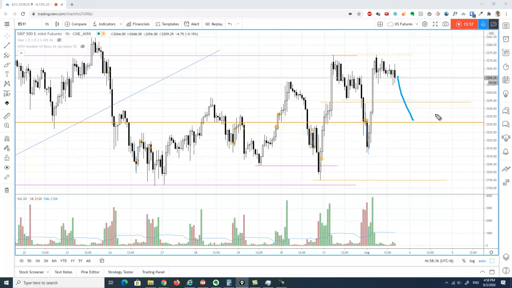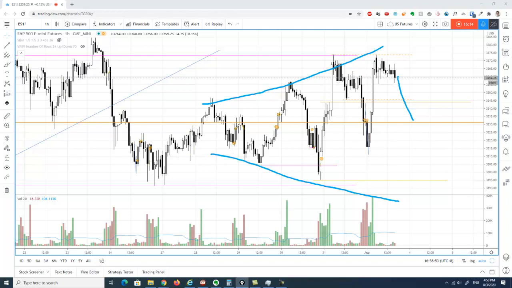So far the price action of the S&P 500 has been a bit annoying, because I've seen this kind of expanding triangle, which is a bit hard to trade.